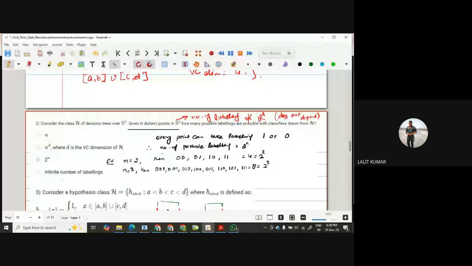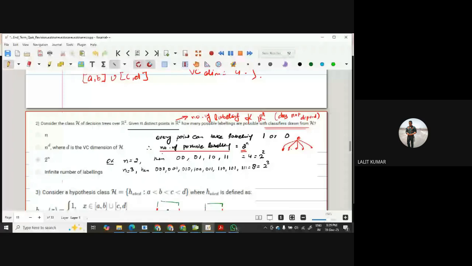Then consider the hypothesis class H of decision trees over R2. Given n distinct points in R2, how many possible labelings are possible with classifiers drawn from H? Remember, if we have a decision tree, the number of classes is basically the number of leaf nodes possible, and the number of possible leaf nodes is 2 to the power n.